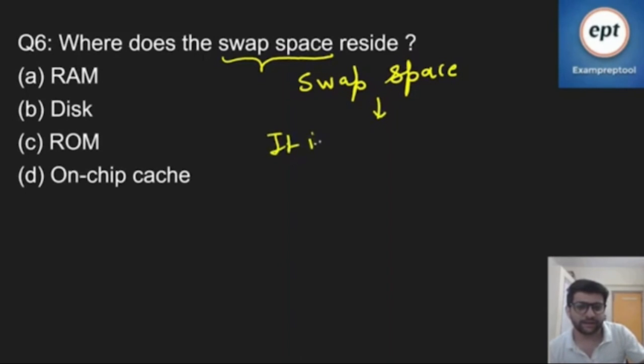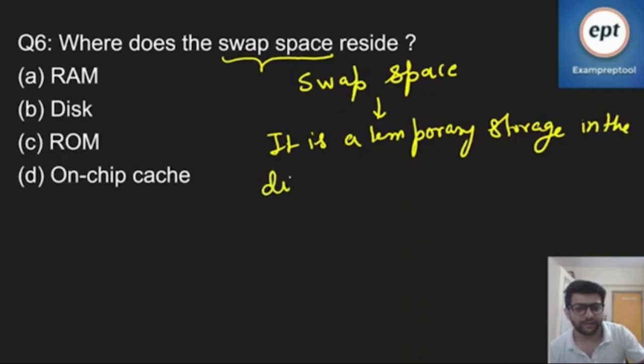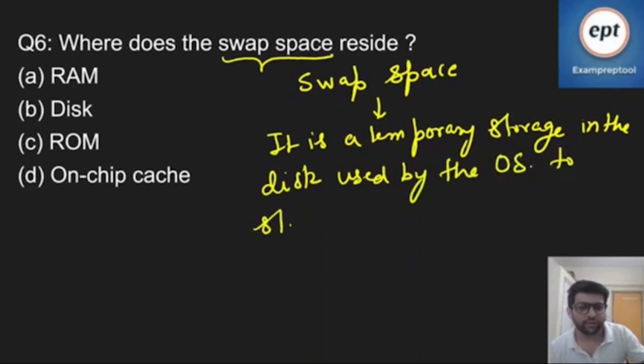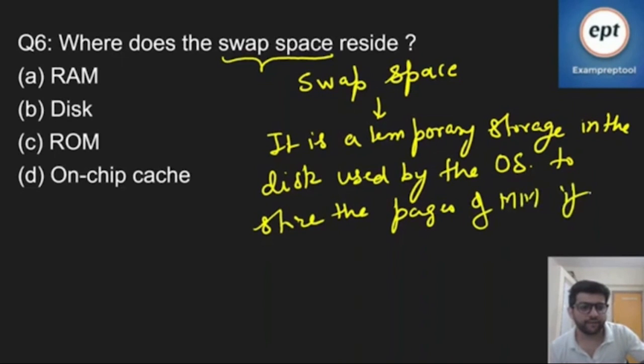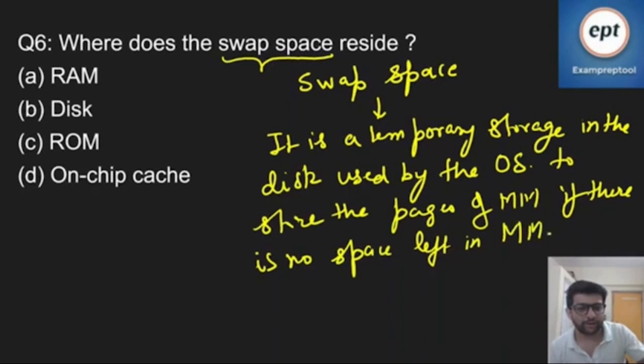It is a temporary storage in the disk, which is used by the operating system to store the pages of main memory if there is no space left in main memory, right?